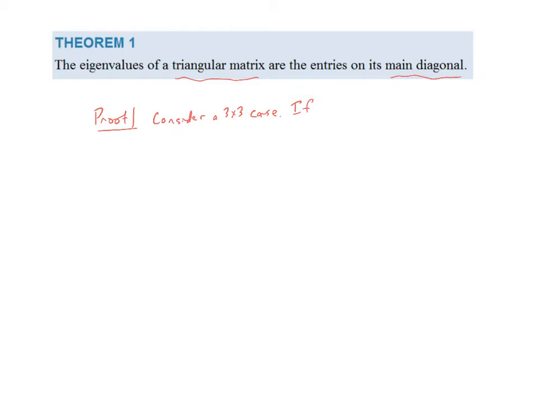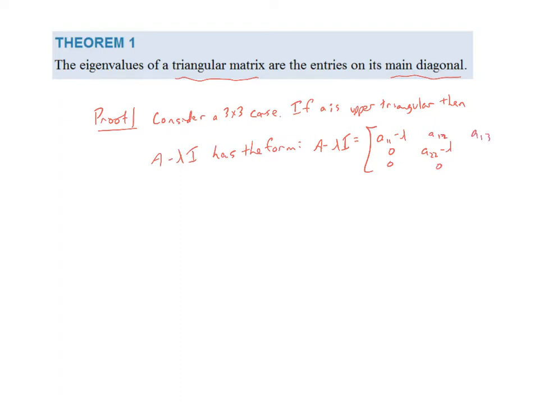We'll say if A is upper triangular, then A minus lambda I has the form as follows: A11 minus lambda with zeros below it, A12, A22 minus lambda with 0 below it, A13, A23, and A33 minus lambda. That would be upper triangular.